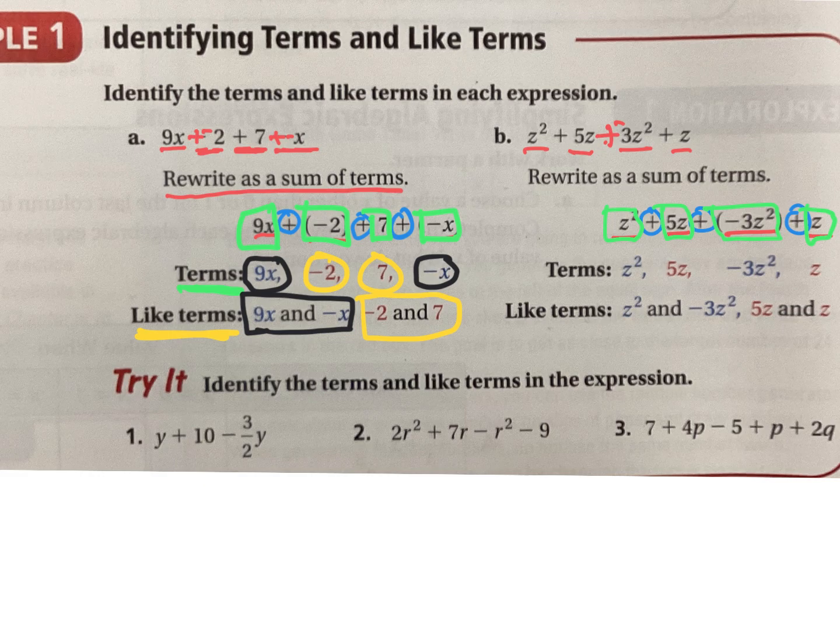And I see that z squared is not like 5z because it has the same variable but not the same exponent. This has the exact same variable and exponent. So those two are like terms. And then I see also that 5z and z, they have the same variable. So those are like terms. Okay.